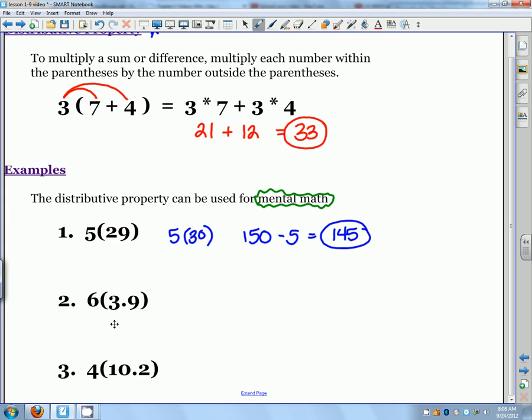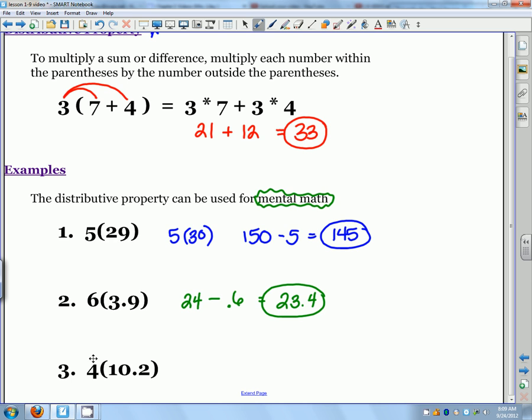So what I'm going to do is do 6 times 4, which is 24. And then I'm going to subtract a tenth because it's 3.9 instead of 4. So a tenth of 6 would be, I'm going to minus 0.6. So then I would get 23.4 as my answer.